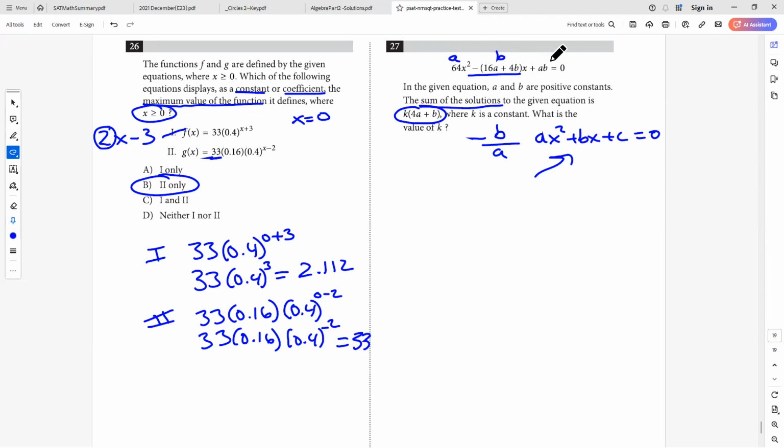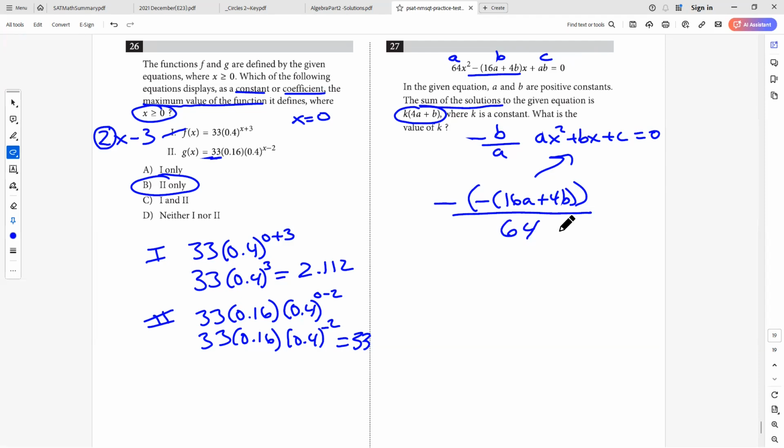And the ab here, the constant value, is going to be c. So we need negative b over a, and then we have negative, negative 16a plus 4b over our a value, 64.